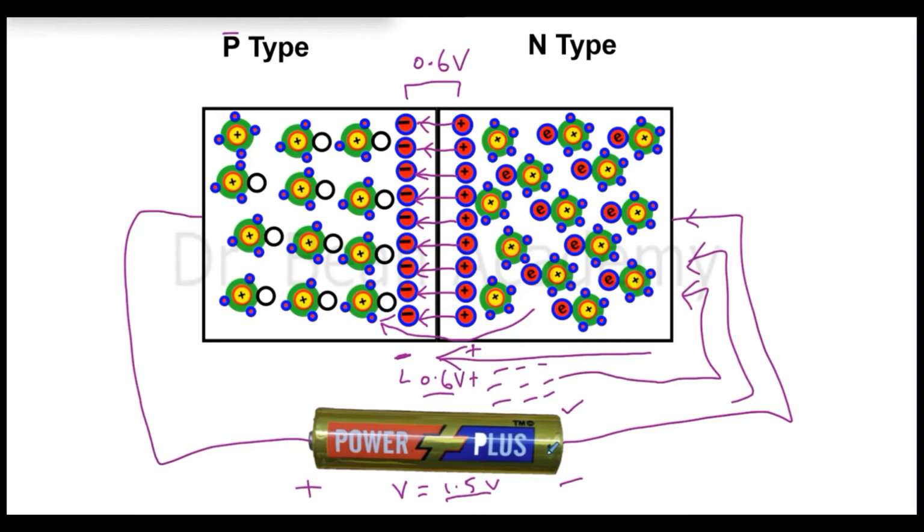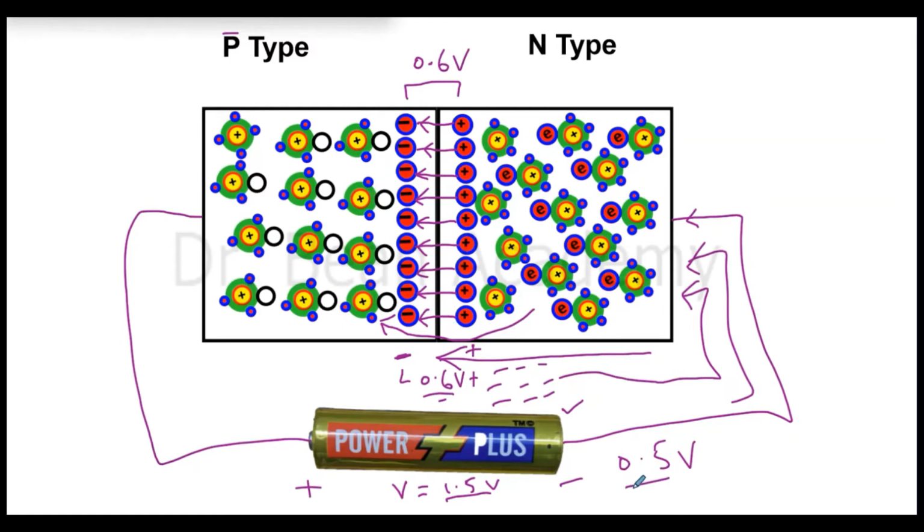Suppose I have control over the battery, for example, I replace this battery with another battery whose voltage is 0.5 volts. You will never see the flow of current because 0.5 is less than 0.6 volts, the potential barrier for a silicon PN junction.